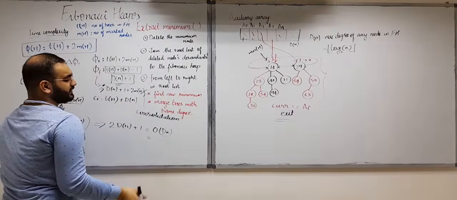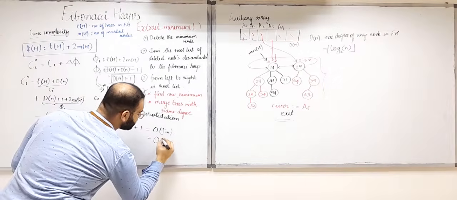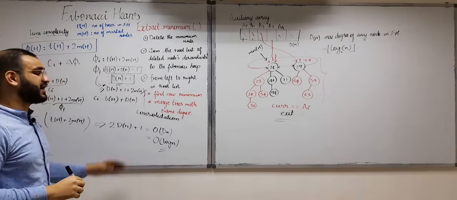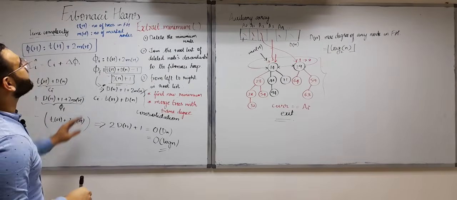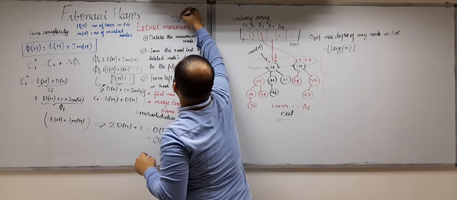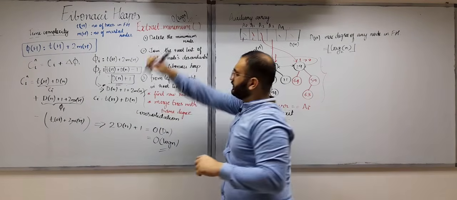So this thing that is order of D(n), we can write as order of log n in a Fibonacci heap which has n nodes. So the time complexity of the extract minimum operation comes out to be order of log n, right?